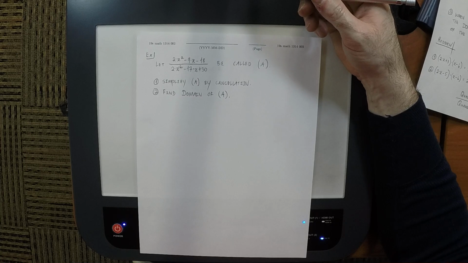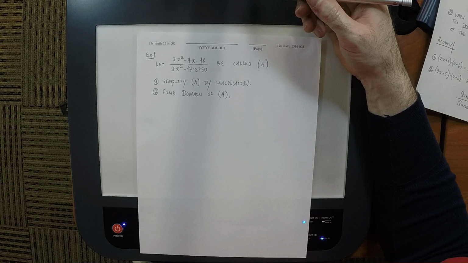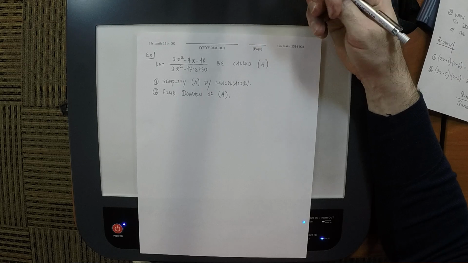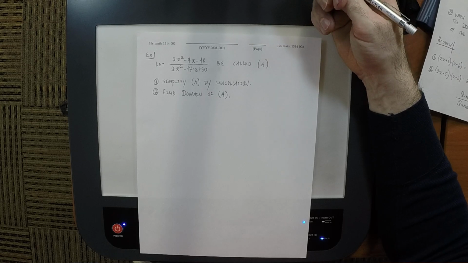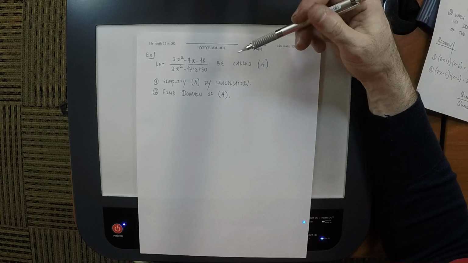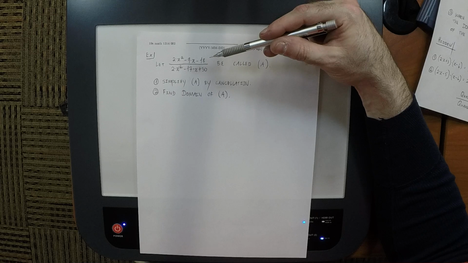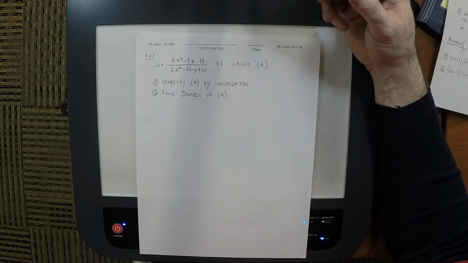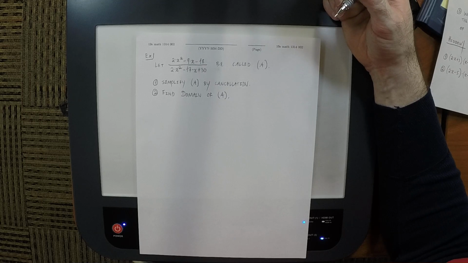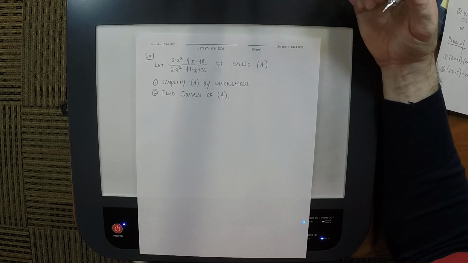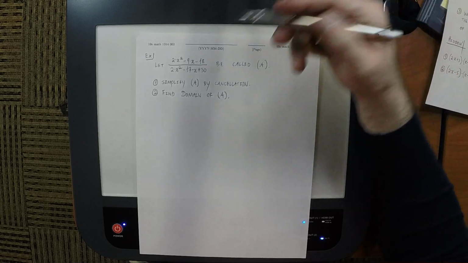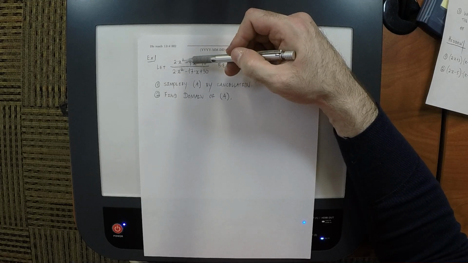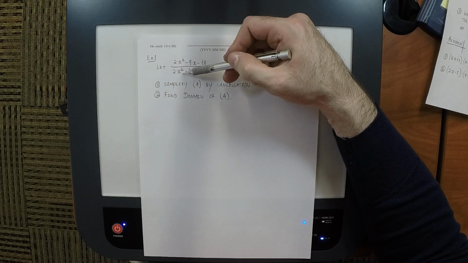So what do we need to do to do that? I guess my first question is that as it's written, as it was given, is there any cancellation that's sort of immediately obvious? No, there isn't. Now, you might look at this and say, well, it looks to me like we've got a 2x squared over a 2x squared.